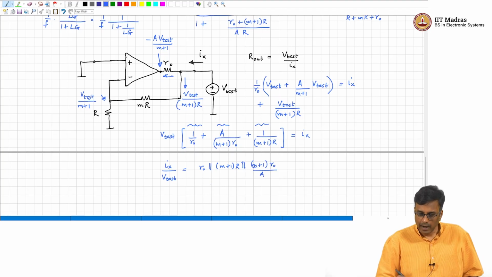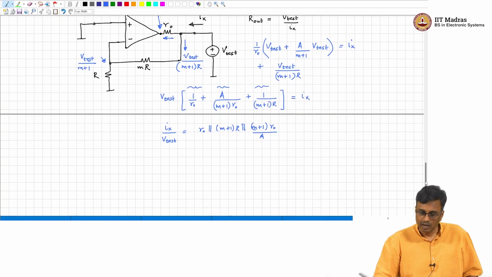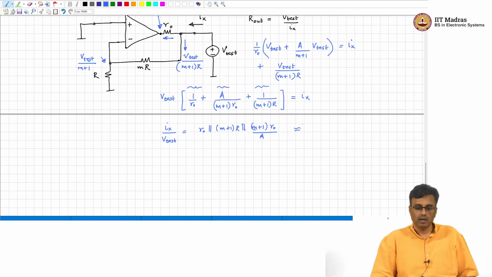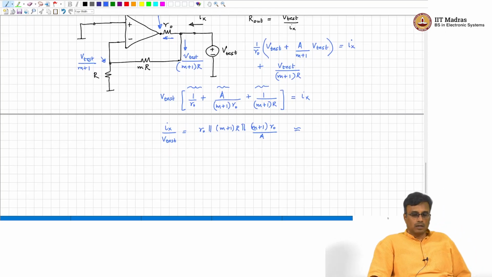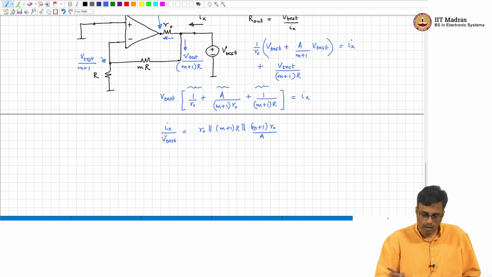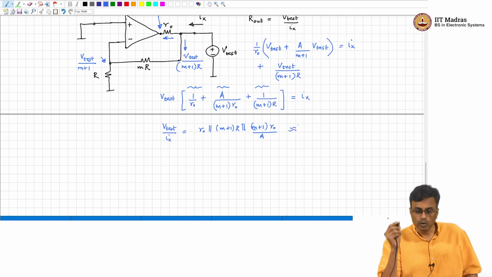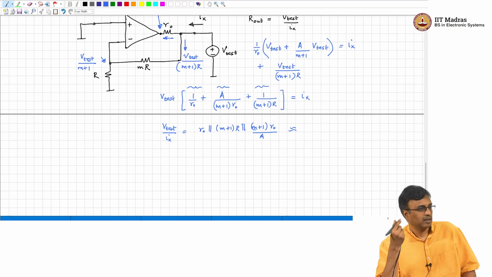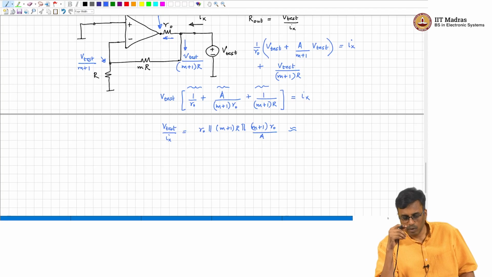All right. And of these, which will dominate? V test by Ix, therefore, is approximately equal to, if you have 3 resistors in parallel, the smallest resistance dominates, and since A is a very large number, m plus 1 times R naught by A will definitely be much smaller than R naught.